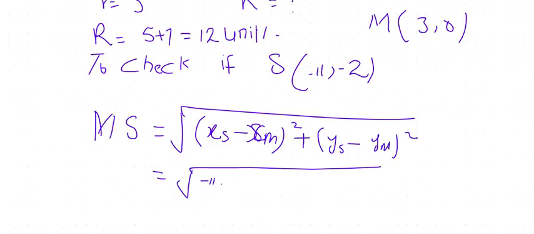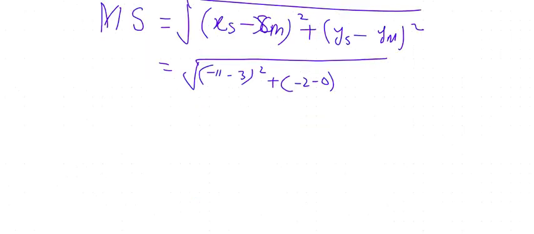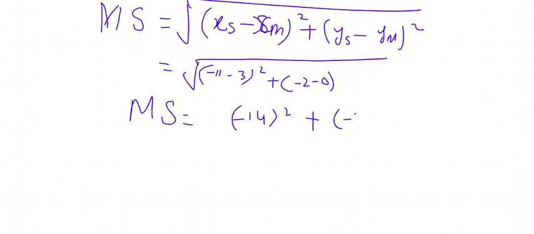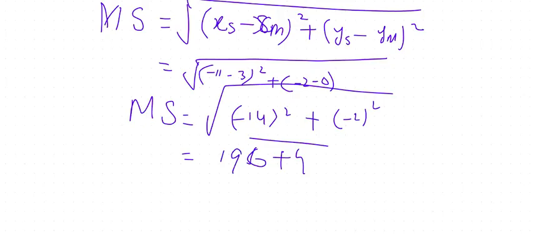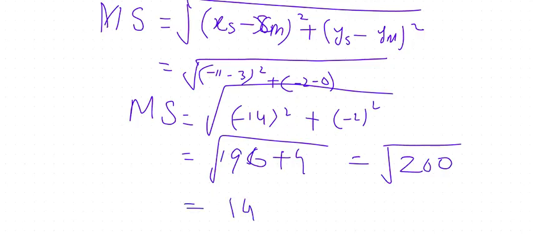Alright, so what we got? We have MS equals minus 14 squared and minus 2 squared. Taking the square root, we got 196 plus 4, and we got 200. All right, so 200 is approximately 14.14.